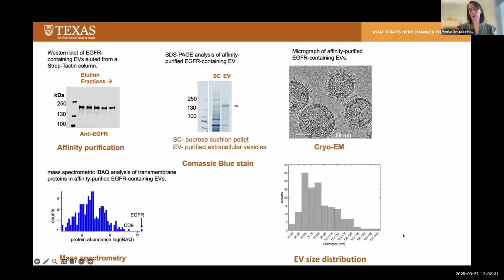The vesicles we got had a range of diameters that is graphed here. The mean is around 80 nanometers. So we decided to analyze this sample by mass spectrometry, and the majority protein in the vesicle was EGFR.